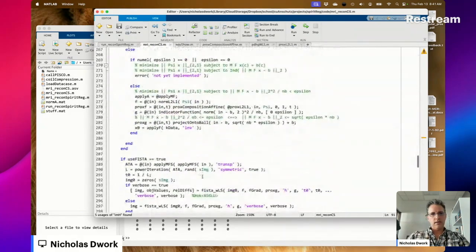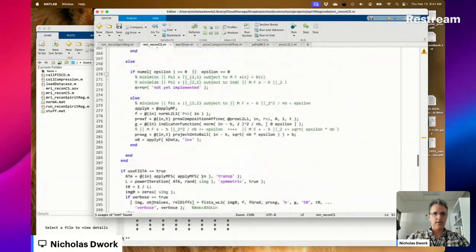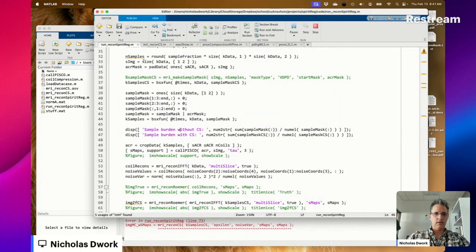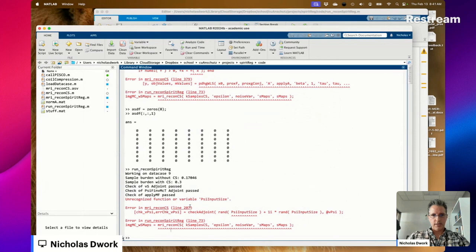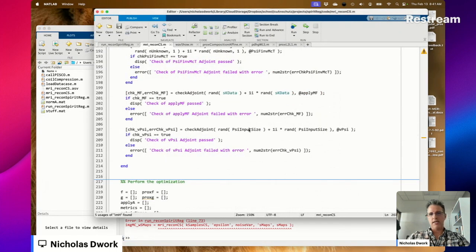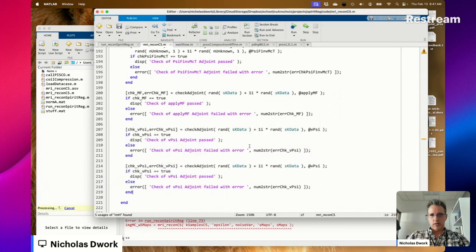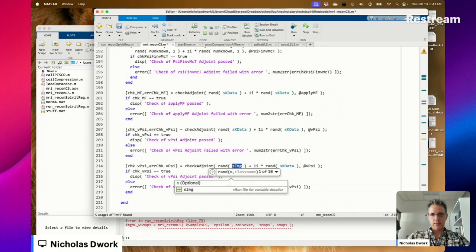Let's find out. Let's see where things crash. We are here. And they crash long before I get there. Psi input size. SK data. This image. We should check both.